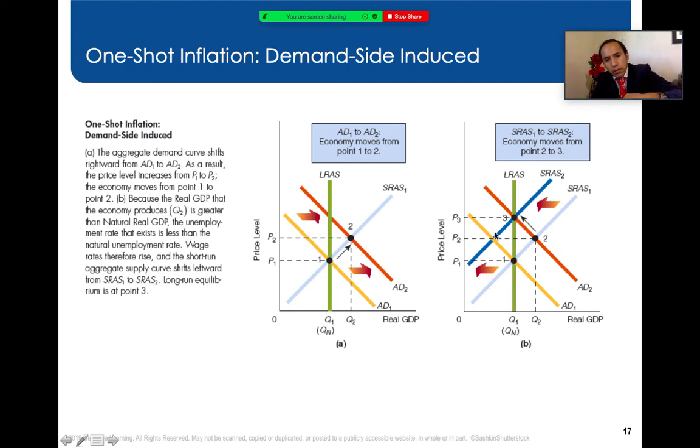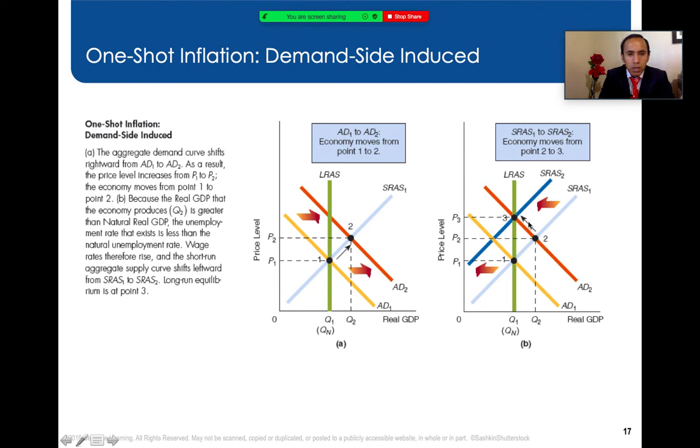Panel B indicates with higher GDP. Panel B indicates that once the aggregate demand increases to P2, aggregate demand equilibrium 2 and price of 2, the level of GDP is going to increase, and it's going to be greater than the natural capabilities.